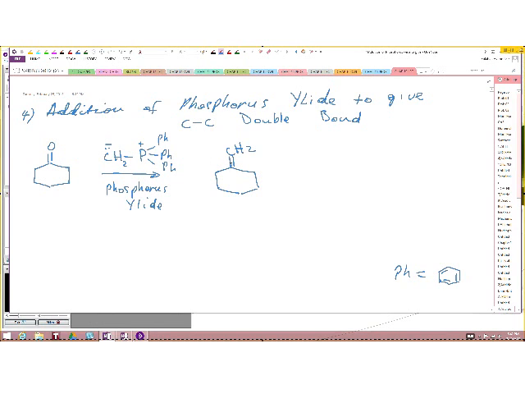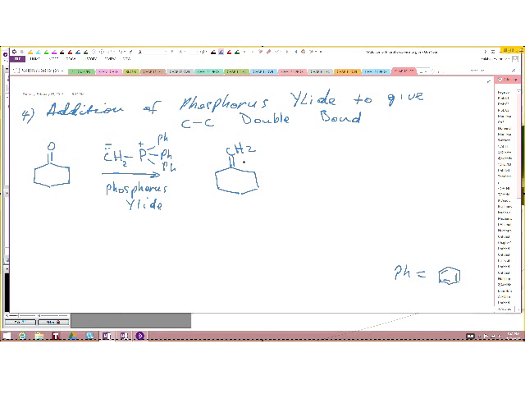The ylide is acting as a nucleophile attacking this carbon here. Okay, and subsequently you are going to generate the carbon-carbon double bond. So this is one of the few reactions that allows us to make a new carbon-carbon bond. We know that Grignard will form a new carbon-carbon bond. We know that Gilman will make a new carbon-carbon bond.